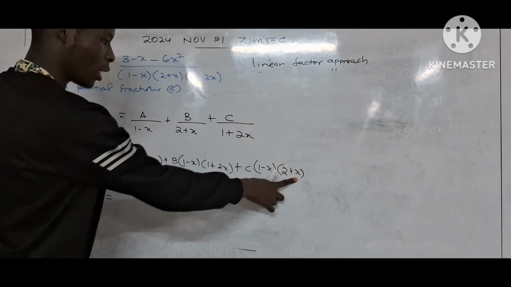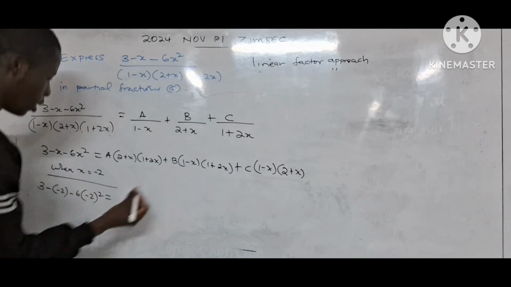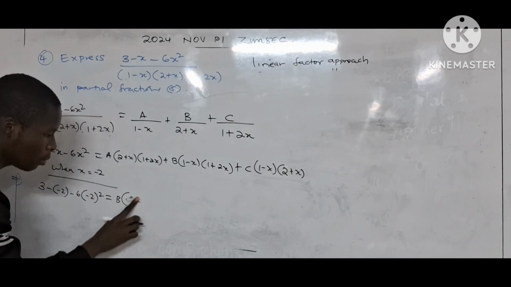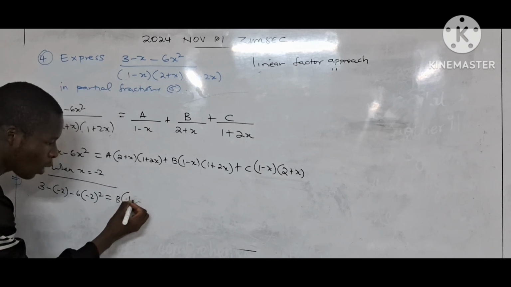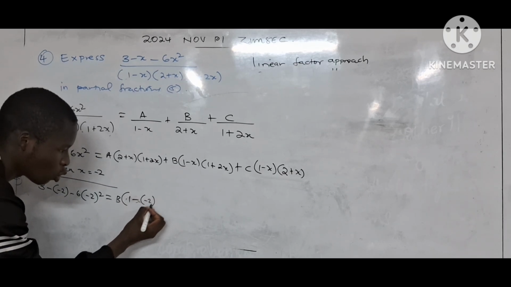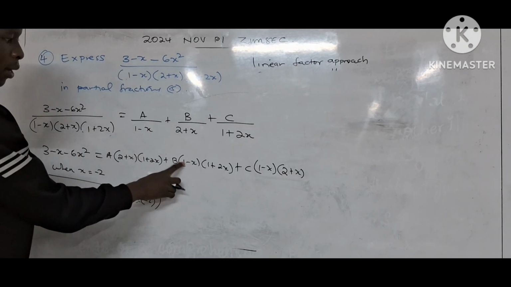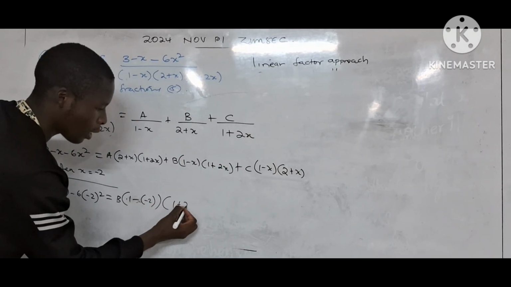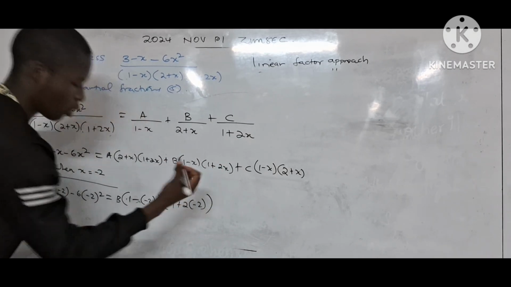Here again you are going to get a 0, so you will remain with B. So this is equal to B into (1 minus 2)(1 plus 2 into minus 2). This is very important.